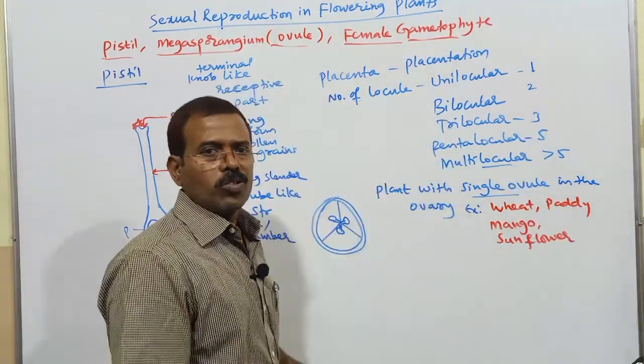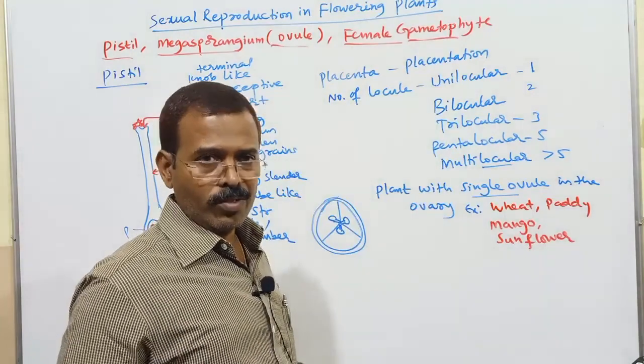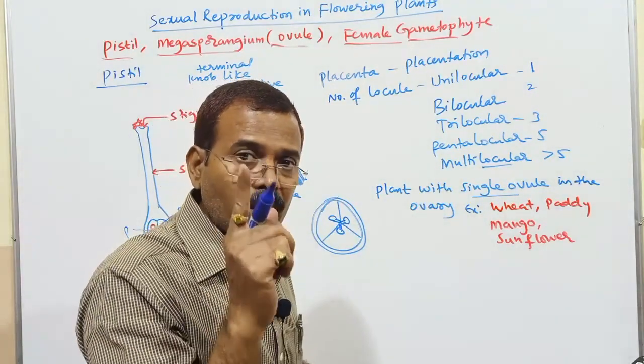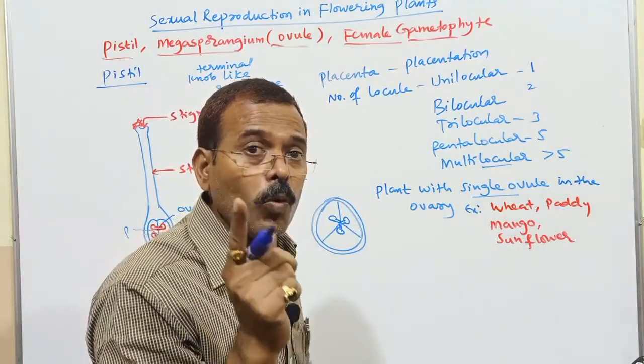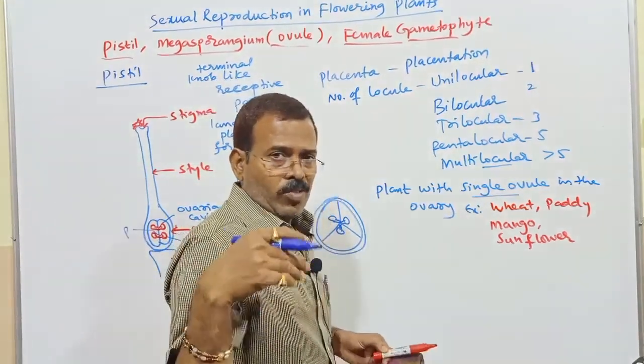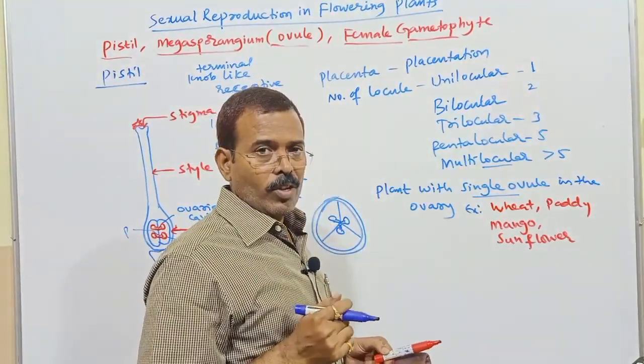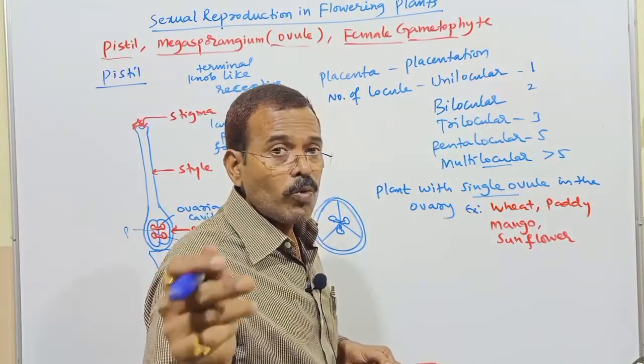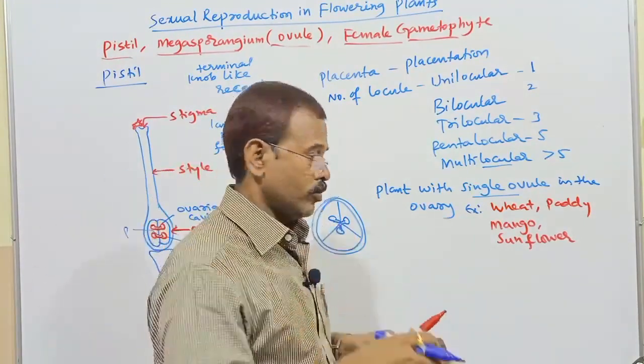Wheat, paddy, mango, sunflower, these are the plants which have a single ovule in the ovary.